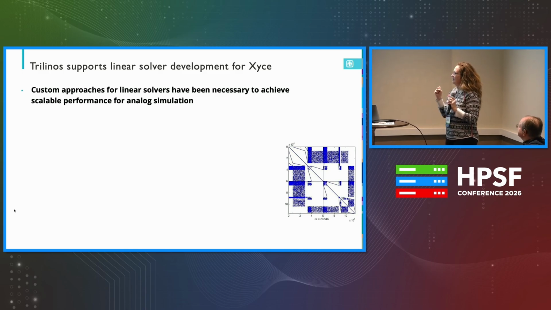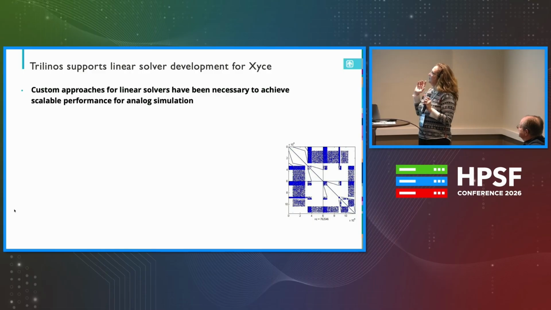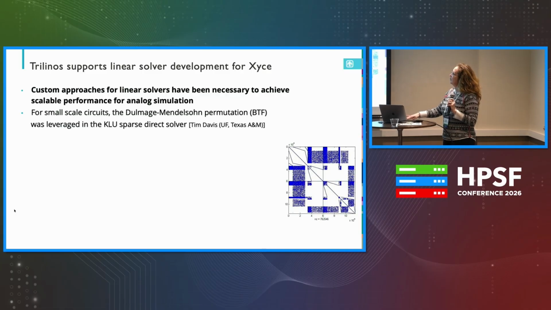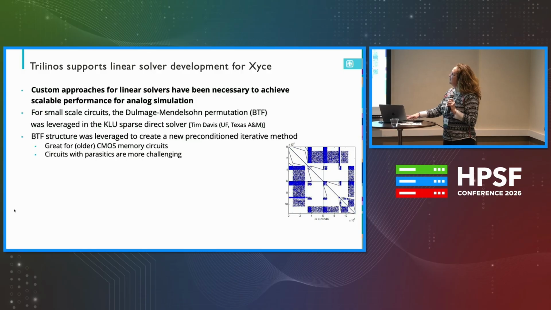The challenge is that what Trilinos has done the most for Xyce is enabling the development of linear solvers. And so this is an opportunity where we have really used solvers or developed solvers within the Trilinos framework. To give some examples of these custom solvers, BTF, which is behind the KLU direct sparse solver, we have used to create preconditioned iterative methods for CMOS memory circuits.